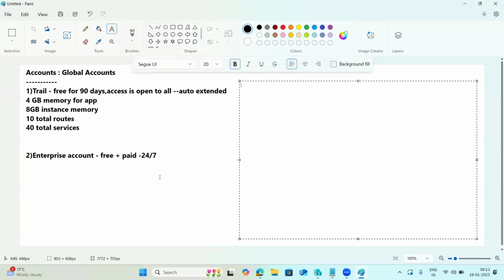Because enterprise accounts are an agreement; we make an agreement with the customer. Not the trial accounts. With our Gmail ID we get a trial account, but not an enterprise account. So for the enterprise account there is a licensing model that we call the BTP pricing model.